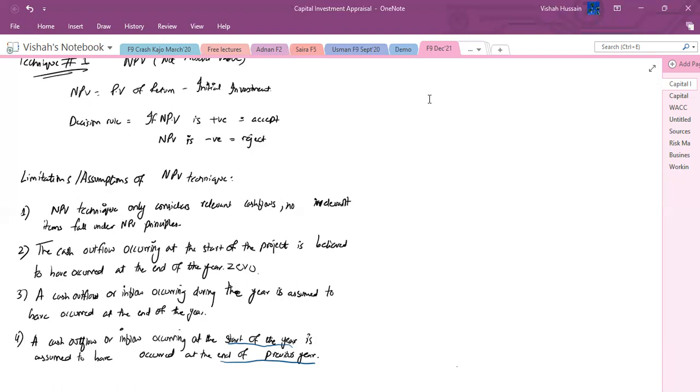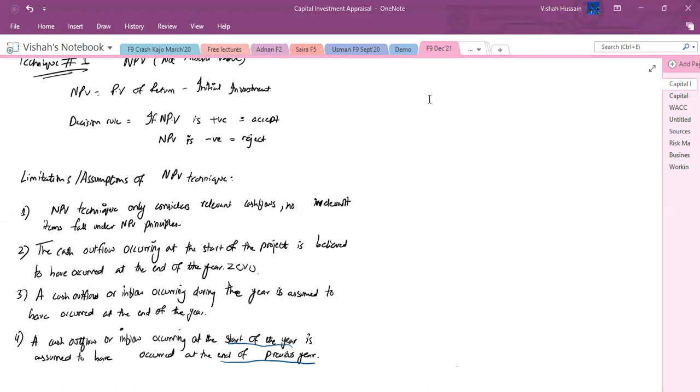Now the third one: non-cash flows are not considered. Non-cash flows means depreciation and amortization. These are not considered. Why? Depreciation is when there's a fall in the value of a tangible asset. Amortization is when there's a fall in the value of an intangible asset. So both are one and the same thing.